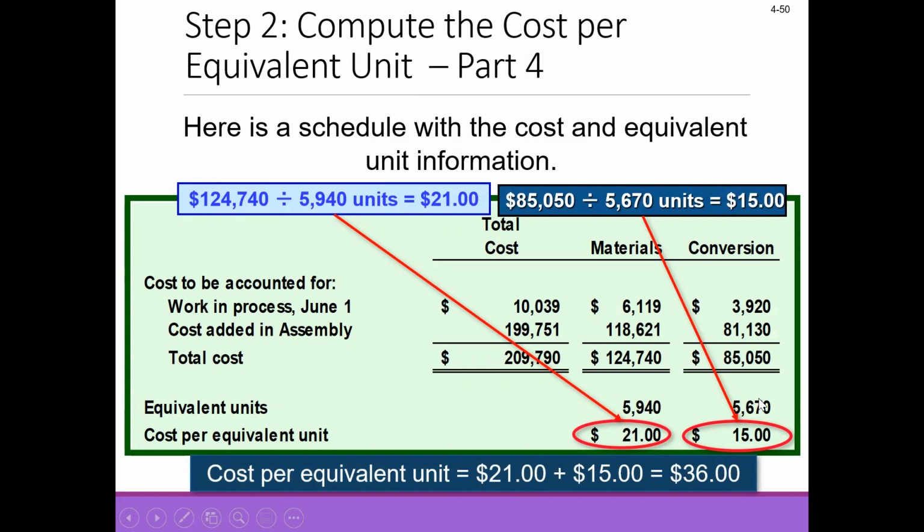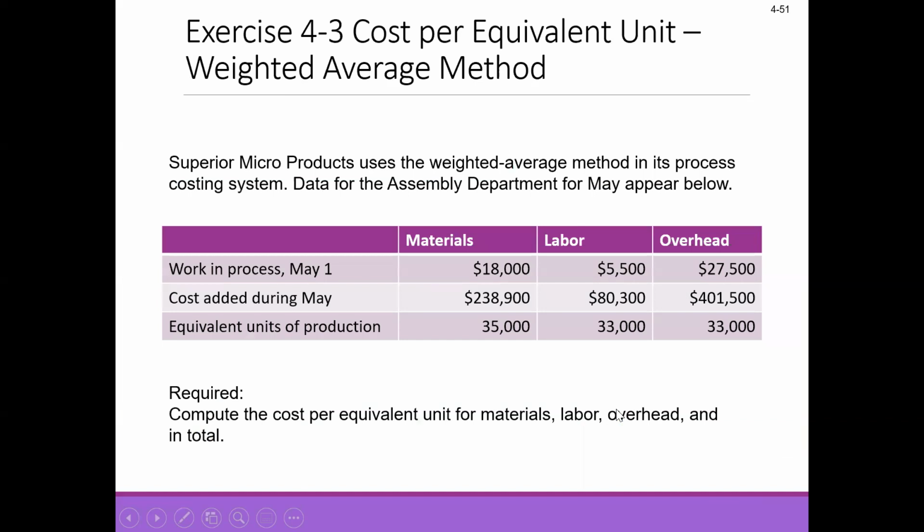Here, we came up with our equivalent units in a learning objective right before this one that came up with the 5670. We take our conversion cost, divide that by our equivalent units to come up with our cost per equivalent unit. Combined, the cost is 36 bucks. With our materials plus our conversion, we've got 36 bucks here.